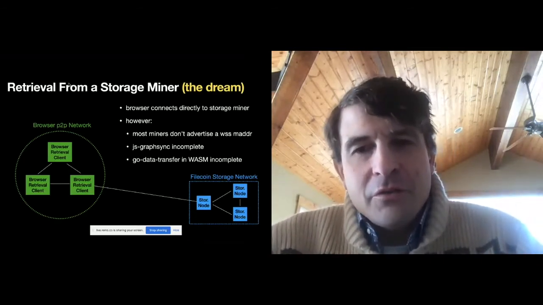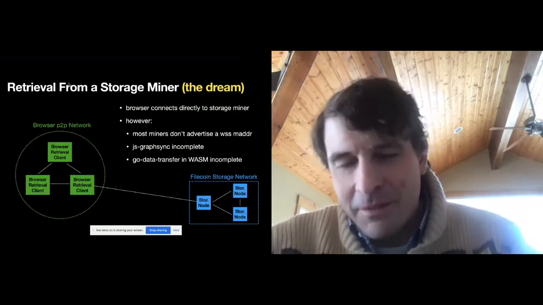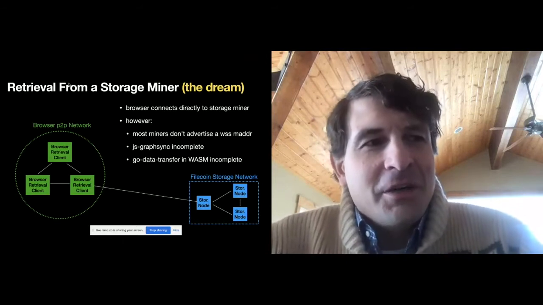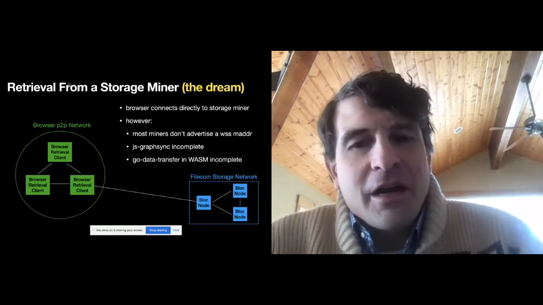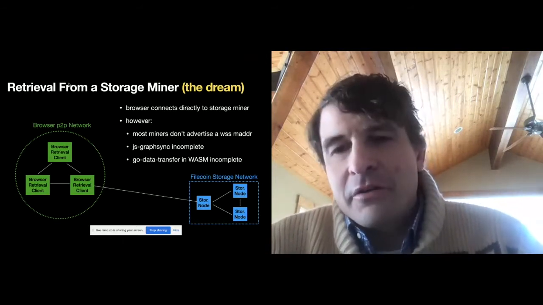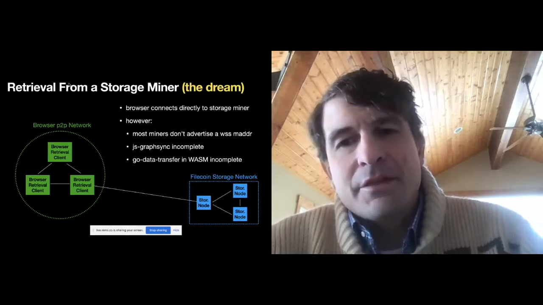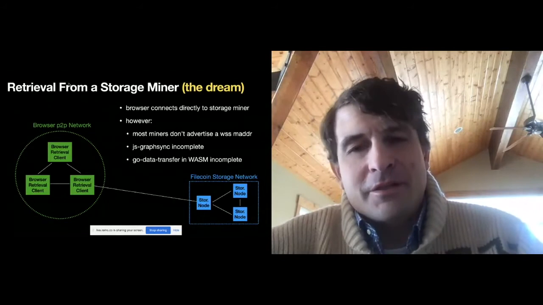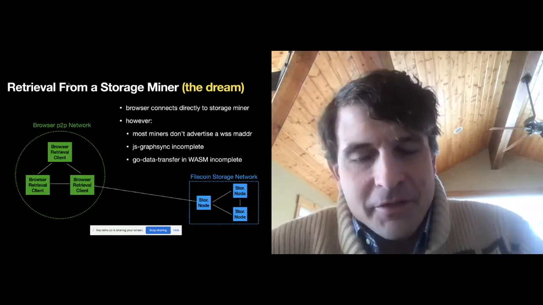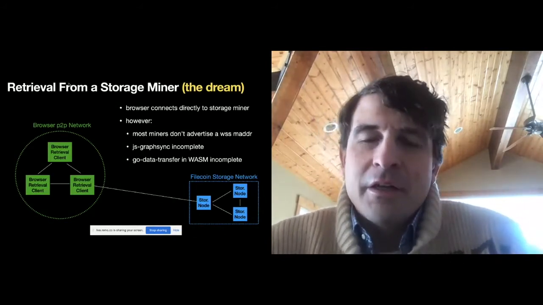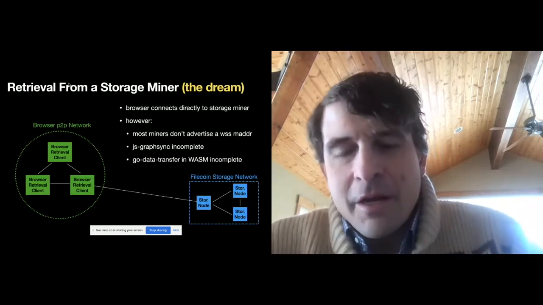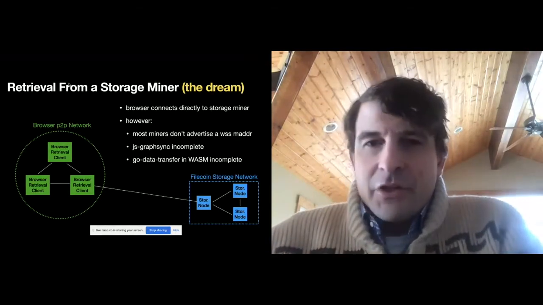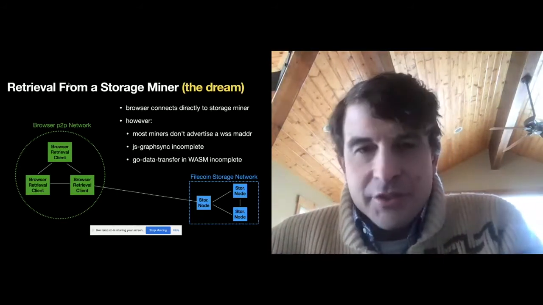And again, in a separately isolated environment, we can do data exchange between a Lotus miner and our own code using this WASM bundle of Go, a subset of Go fill markets plus Go data transfer plus Go graph sync. So we think we can combine all these things in a way that'll work, but they're not there yet. So those are some of the main challenges.